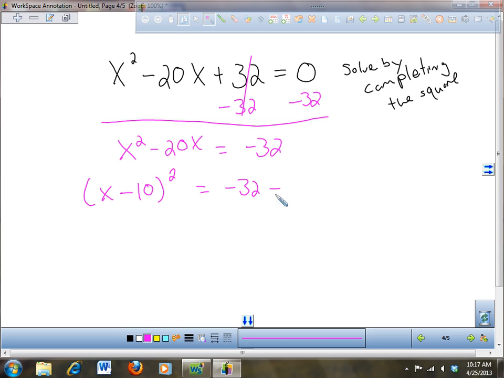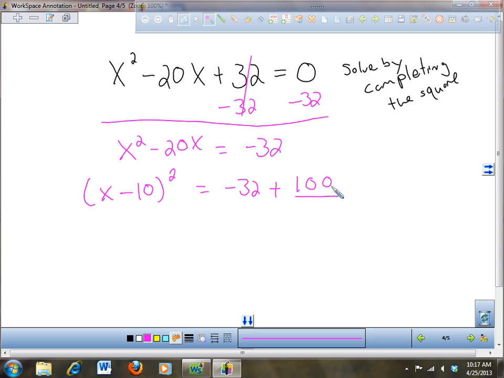But I've added something. How much have I added? 100. All you have to do is look at this last number and square it, and that's how much I've added. If it's negative, it's still adding, right? Because a negative times a negative will make a positive. So I've added 100 over here when I completed the square.